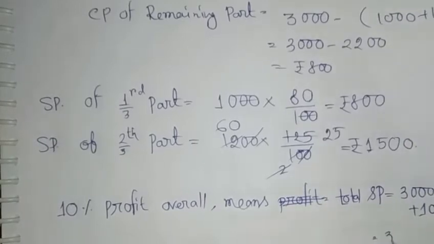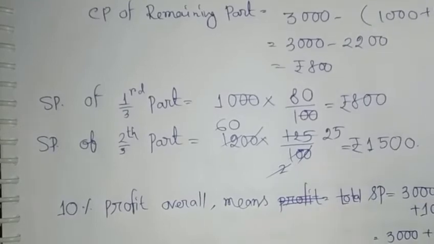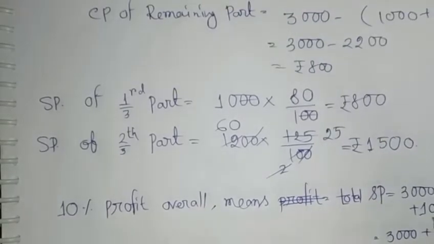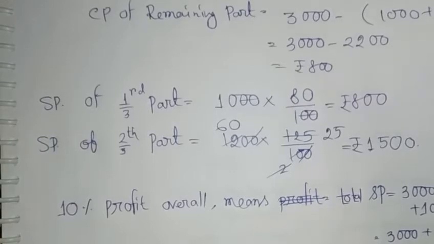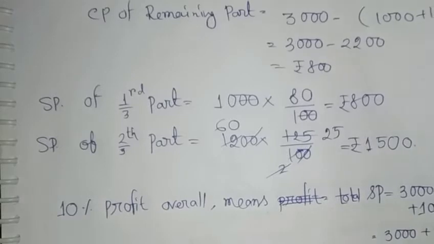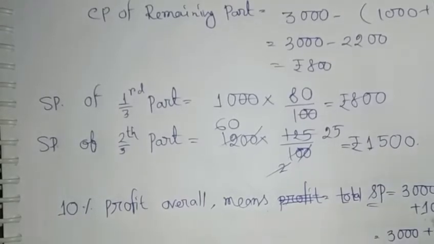So 3000 plus 300. How? 10% of 3000 is equal to 10 by 100 into 3000, so it is 300. So 3300 is the total selling price when we sell it with 10% profit.